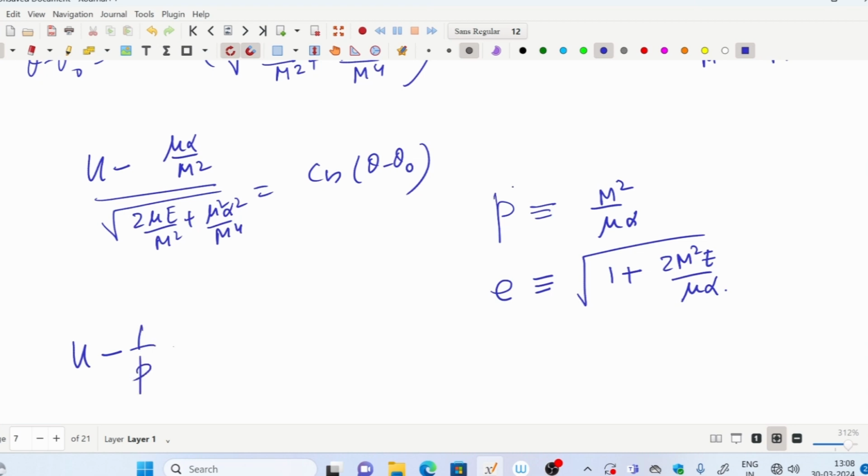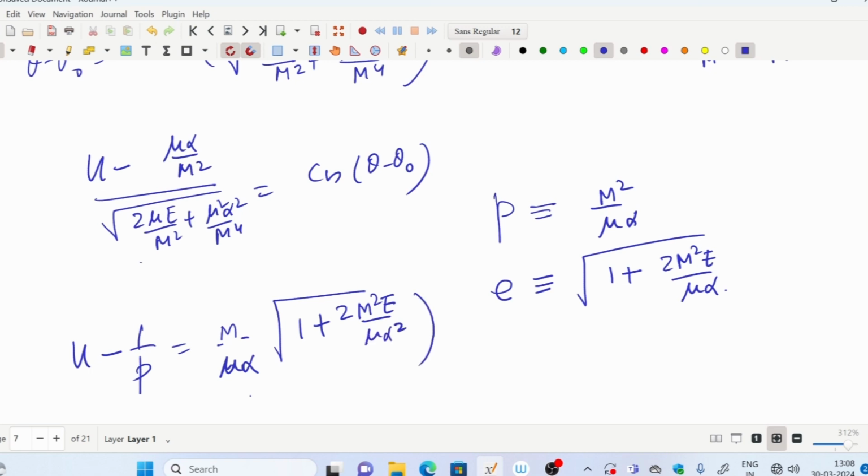So, this is 1 over p, and if I take mu alpha by m square common from this bracket, then it will be 1 plus 2 m square E by mu alpha square.